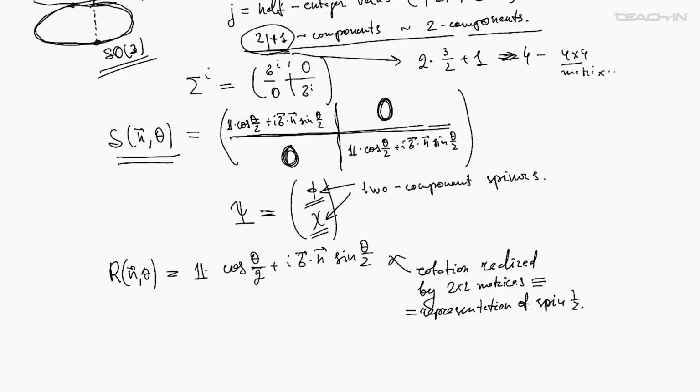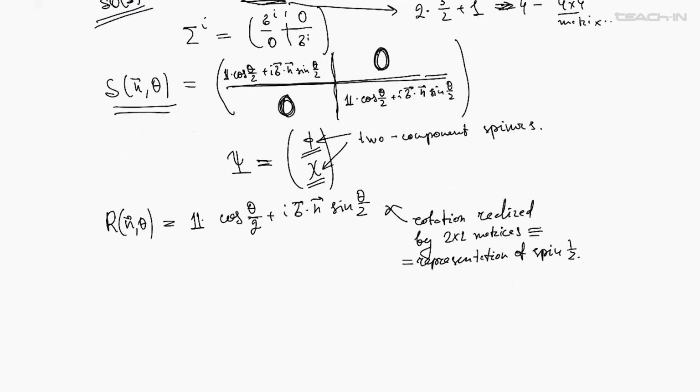So once again, every irreducible representation in representation theory, sometimes called D_j, is parameterized by a half integer number j, called spin, and the dimension of this representation D_j for a given spin j is equal to 2j plus 1.